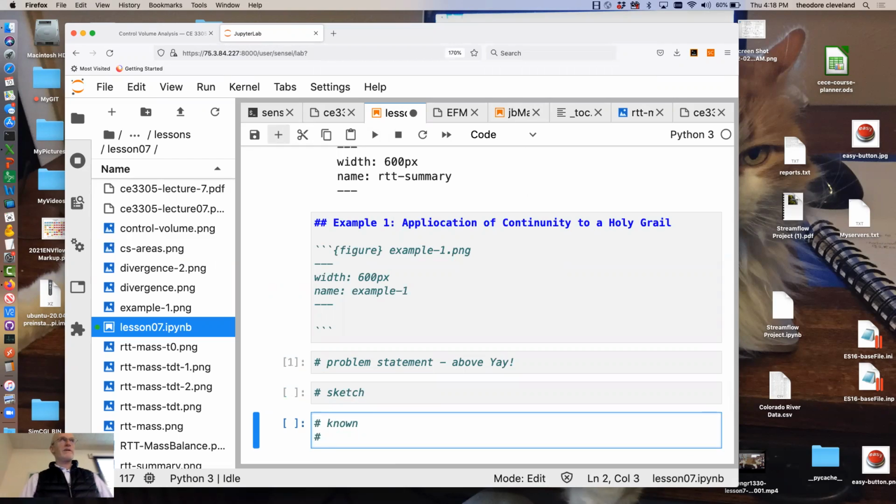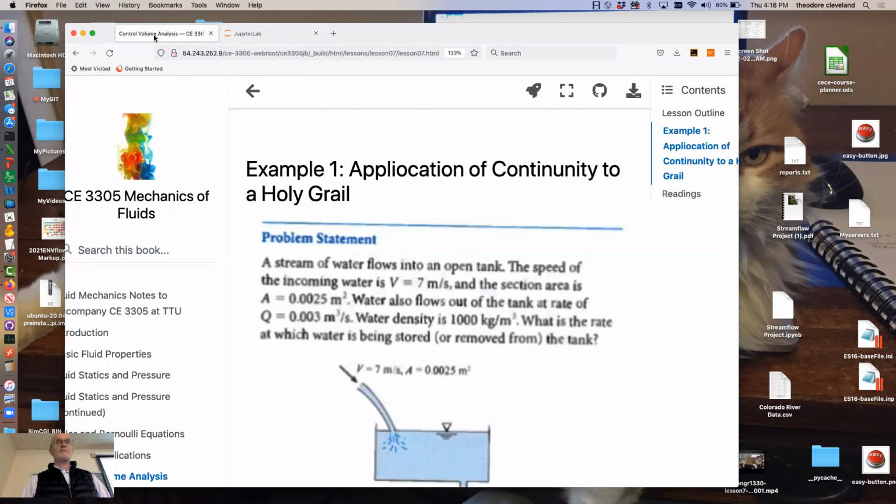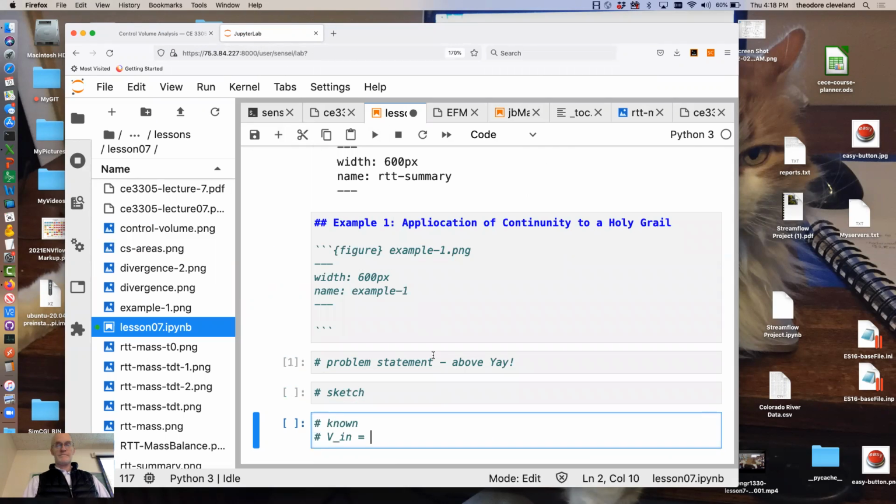So in our case, what do we know? We know the velocity in is 7 meters per second. The weird looking typing I'm doing has meaning because eventually we'll activate all that in the code cell. So we know our inlet velocity. What else do we know?